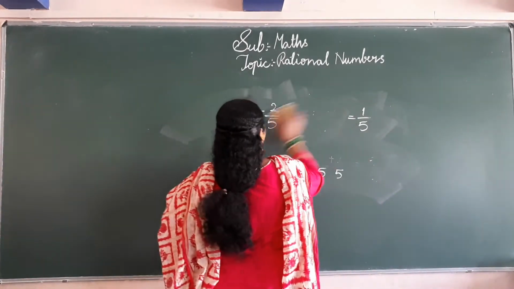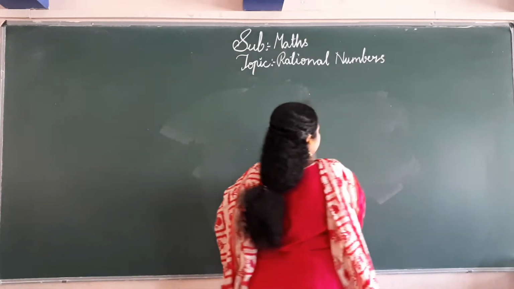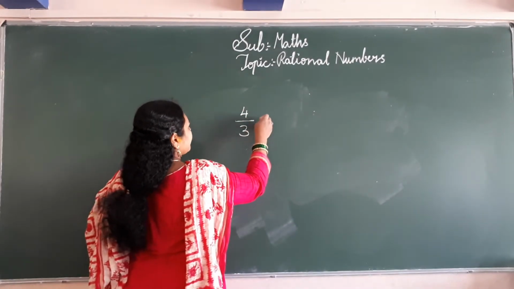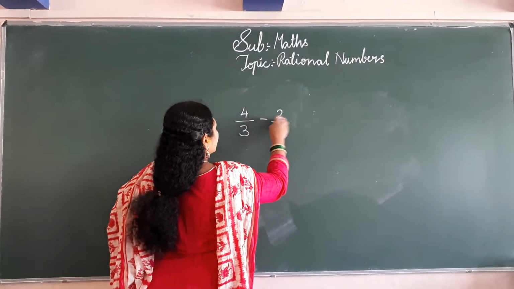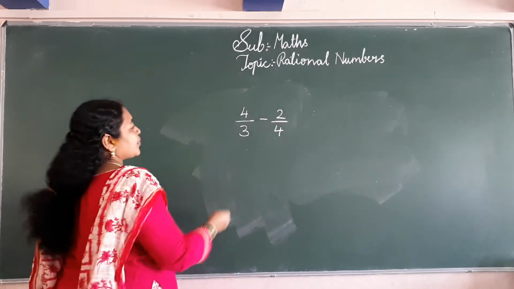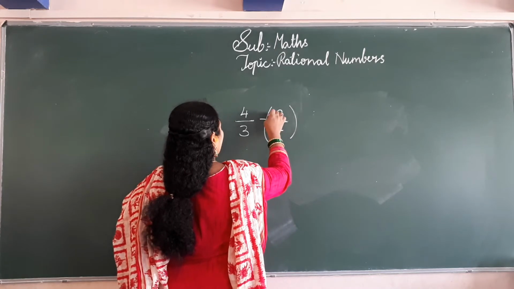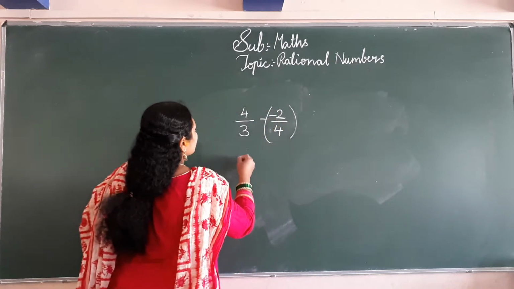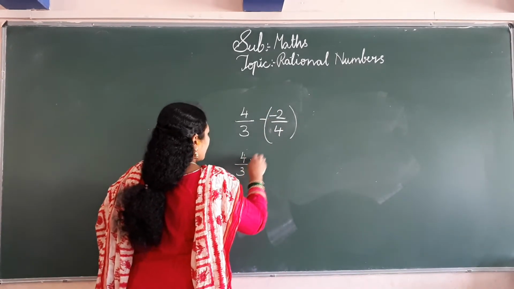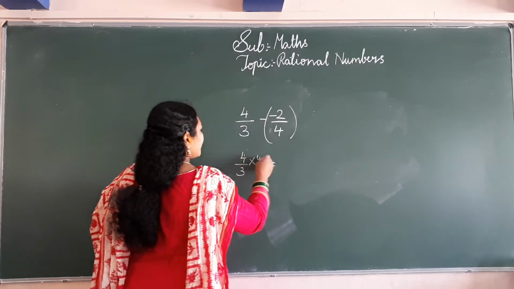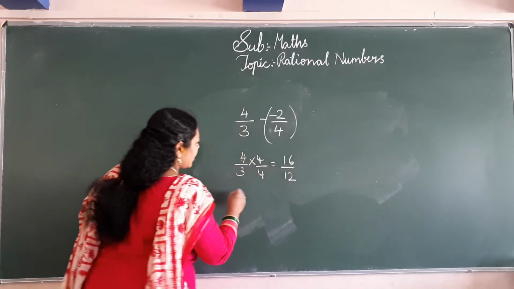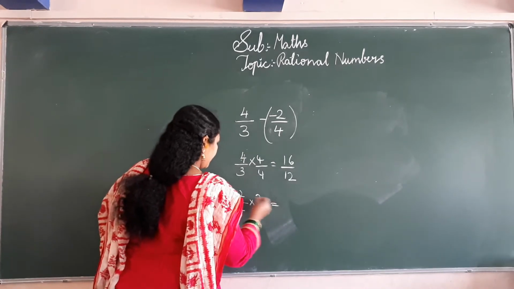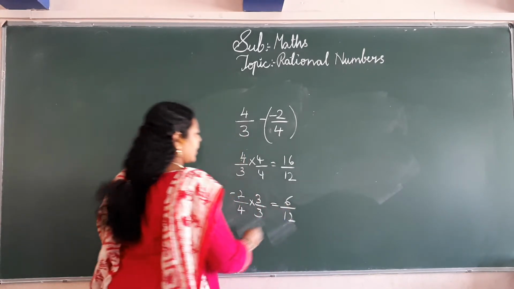Even in the case of unlike fractions, if you have 4 by 3 minus minus 2 by 4, we get 4 by 3 into 4 by 4, 16 by 12, minus 2 by 4 into 3 by 3, 6 by 12.